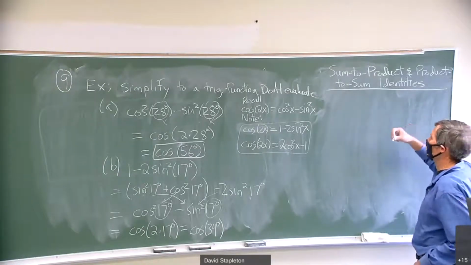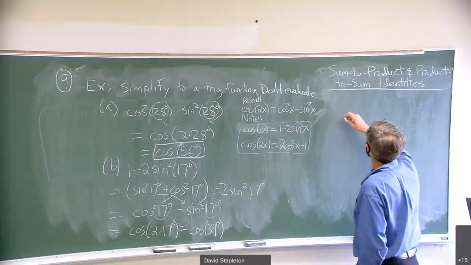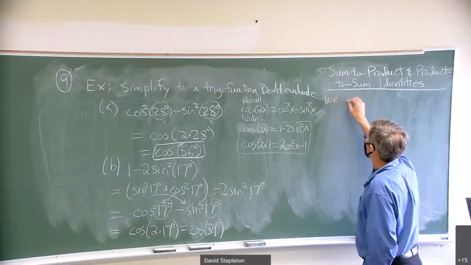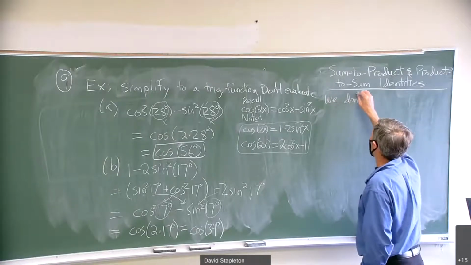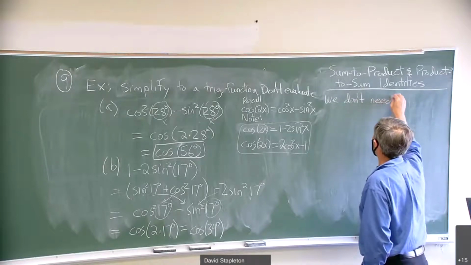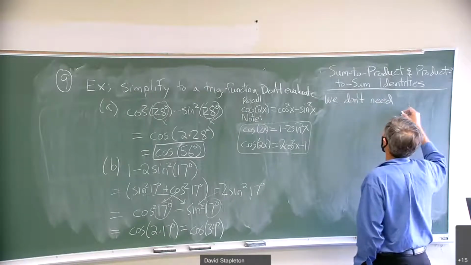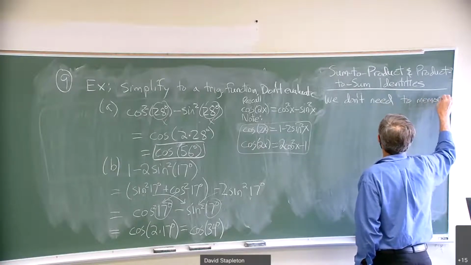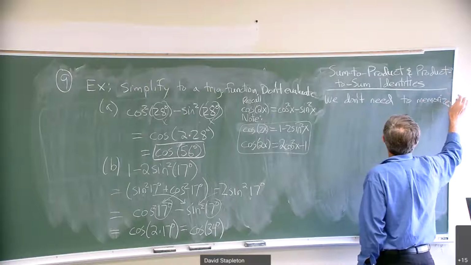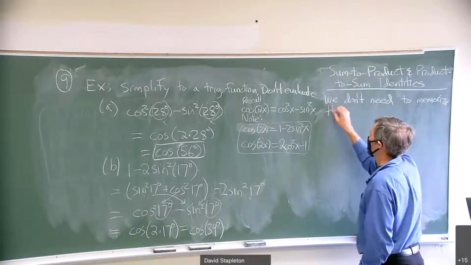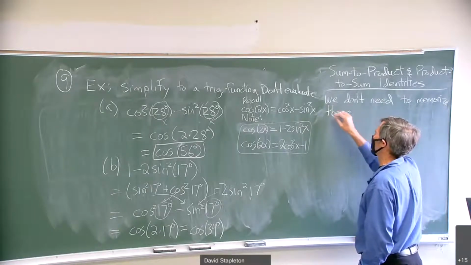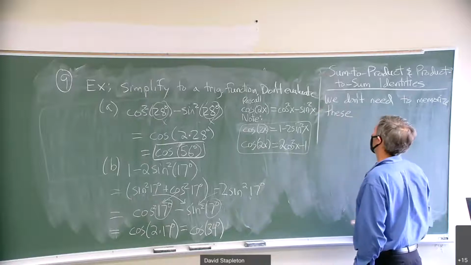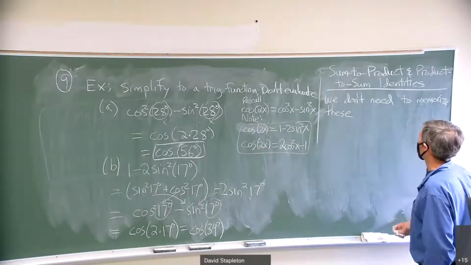So on these, I'm going to say you don't memorize these. You can if you want, of course, but I'll just say on the test, if you need these, I'll give it to you, right? So we don't need to memorize these because these are less often used, but you do need to see these because they do appear once in a while. You've got to be able to say, oh yeah, that's the product of some identity.